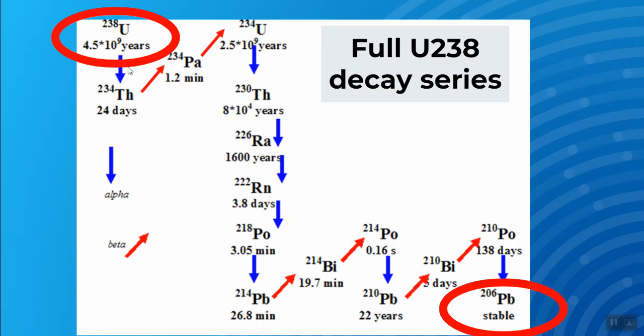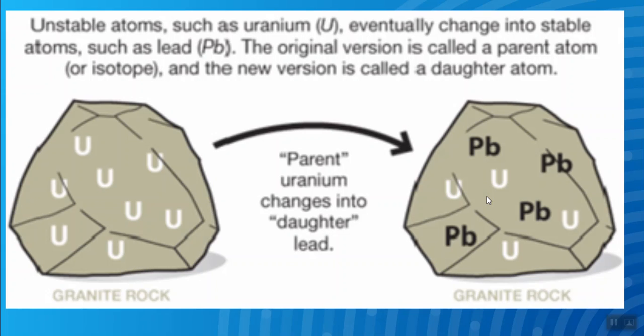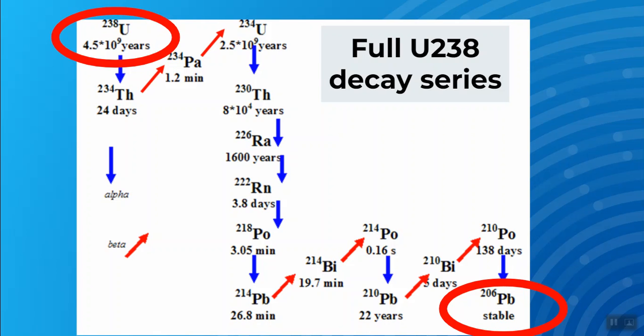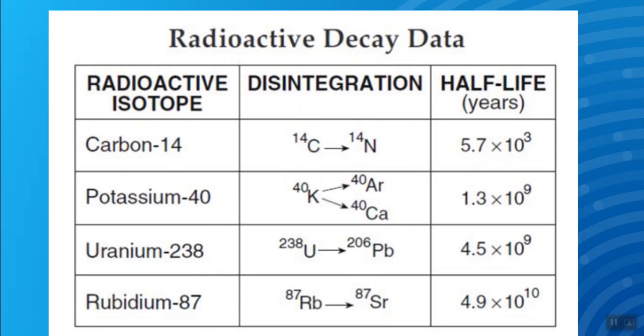Holy cow, 4.5 times 10 to the 9th years. That is a long, long, long half-life until we get down to lead-206. In the middle there, we have some that have really short half-lives, like 3.8 days or 3.3 minutes for polonium-218. I just wanted you to see that it looks simple when we show this picture, but it's actually pretty complicated how this works.